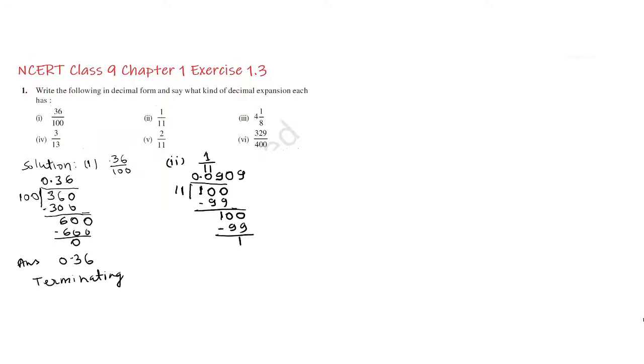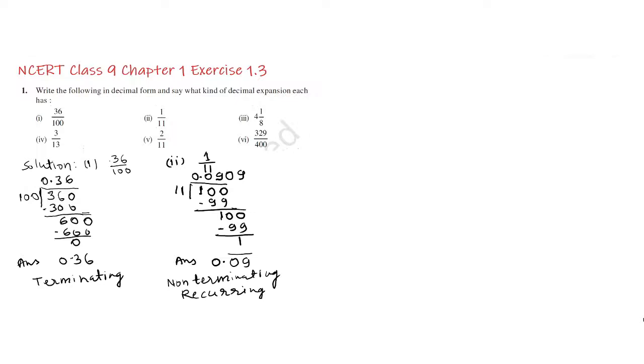So our answer is 0.09, and we put a bar as it is repeating 090909 after the decimal. So we put the bar on both these two digits, 09. Which kind of decimal is it? We have to write it is non-terminating recurring.